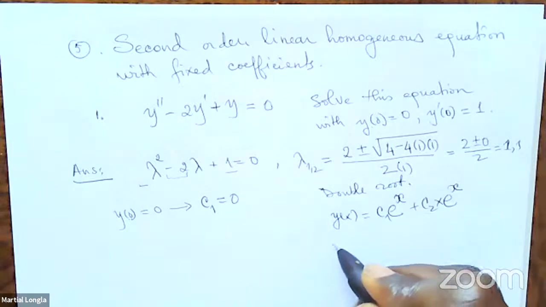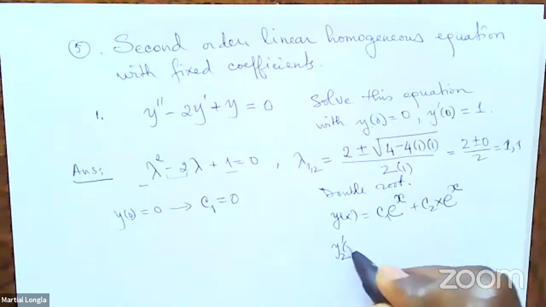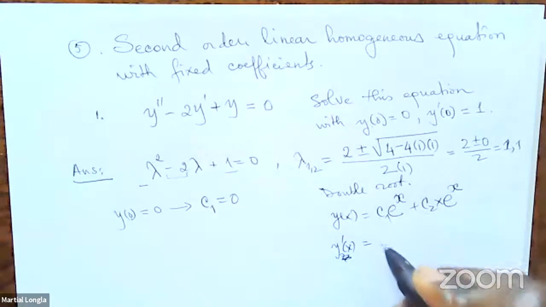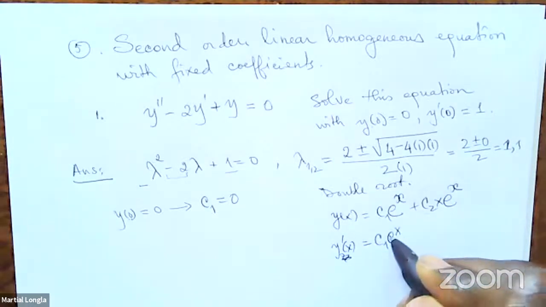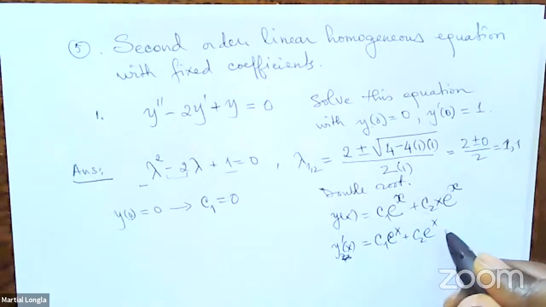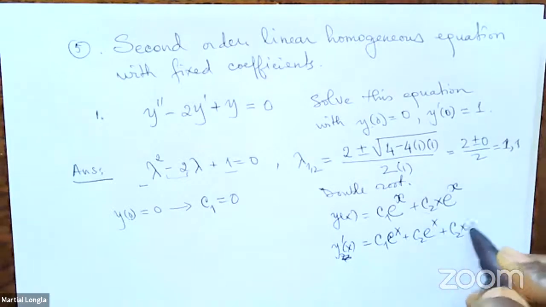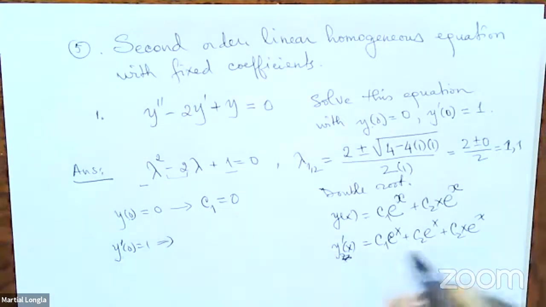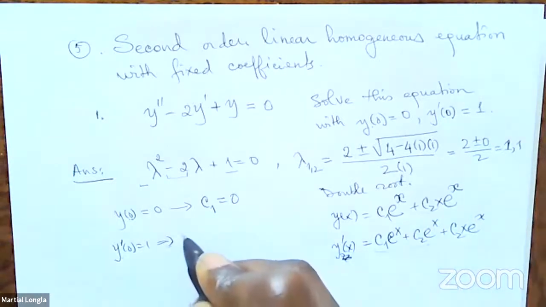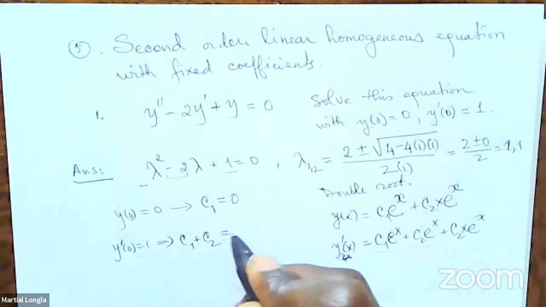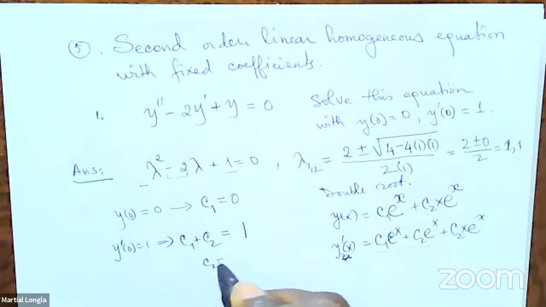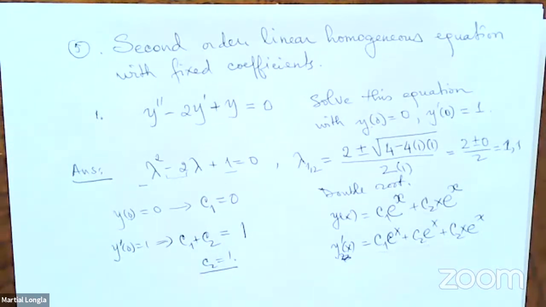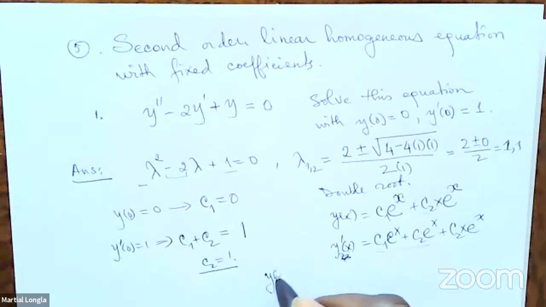And then if we find y prime of x, we get c1 e to the x plus c2 e to the x plus c2 x e to the x. So y prime of 0 equal 1 gives c1 plus c2 equal 1. So you get c2 equal 1. And therefore, your answer is y of x equals x e to the x.